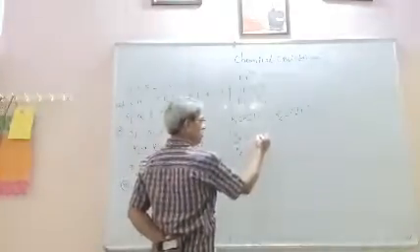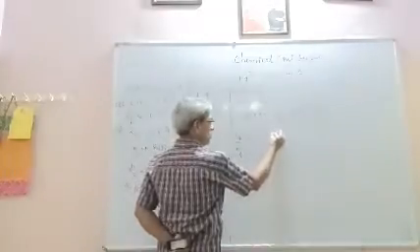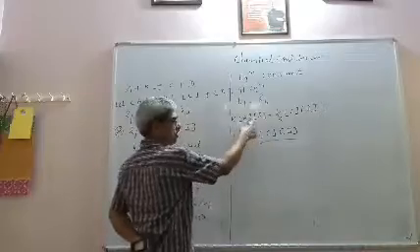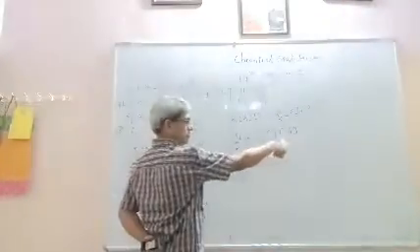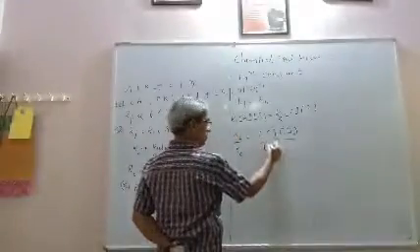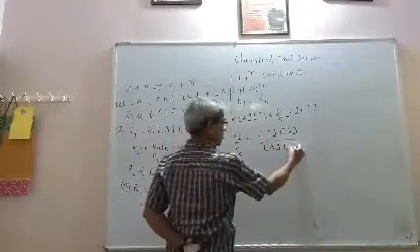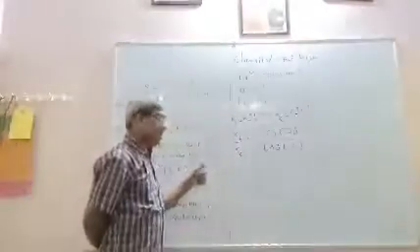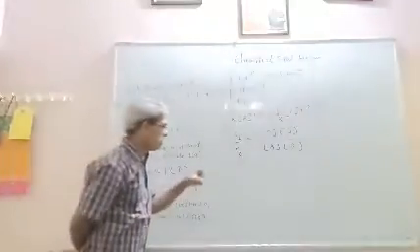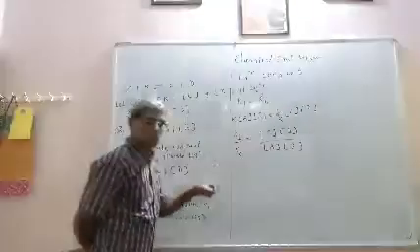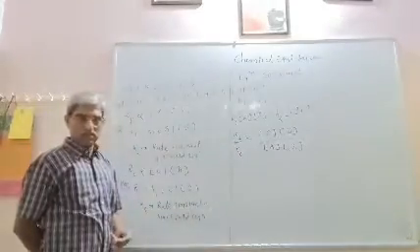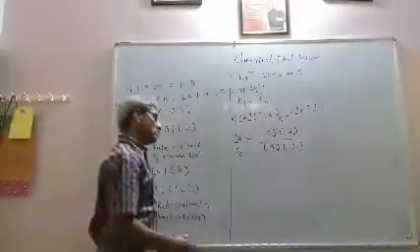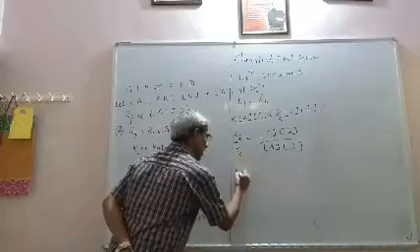Then K1 by K2 equals active mass of C, active mass of D, upon this product transferred to the right-hand side, and it becomes the denominator: active mass of A into active mass of B. K1 and K2 are constants, and therefore the ratio of two constants is again a constant, and that constant is denoted by Kc.